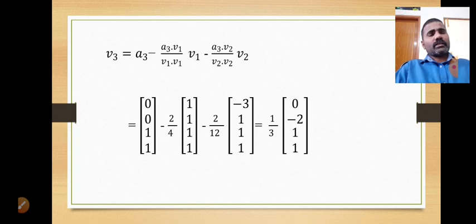V2 is (minus 3 1 1 1). A3 dot V2 is 2 only, and V2 dot V2 is 9 plus 1 plus 1 plus 1, it is 12. That's why minus 2 by 12.